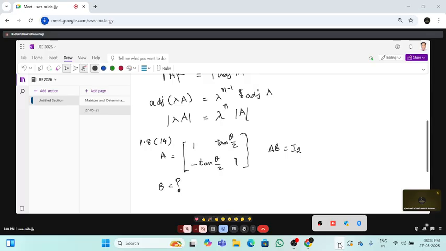That is one way, but that is longer. But from AB equal to I2, it immediately tells us that B equal to A inverse. So all they are asking you is to compute the inverse of this matrix.